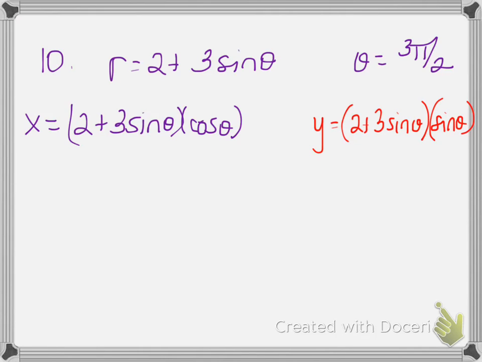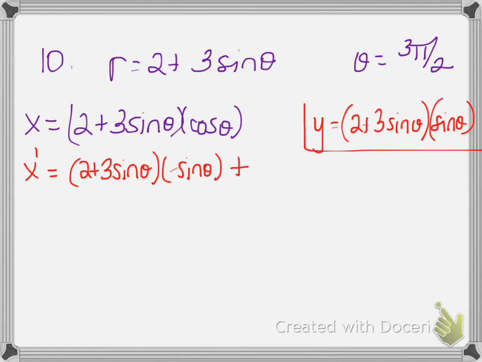Now, you're going to have to find the derivative here. You could multiply that out first and then find the derivative, or you could just go ahead and do the product rule, whatever's easier for you. I'm just going to call it x prime, and I'm just going to do the product rule. First times the derivative of the second plus the second, we'll come back to y, I'm going to do it underneath it, plus the second times the derivative of the first.